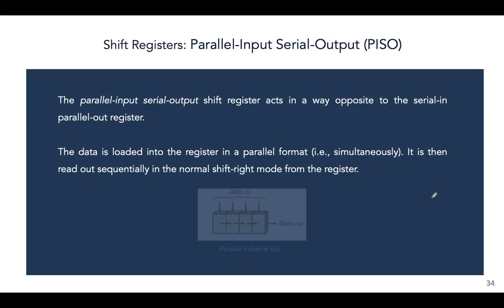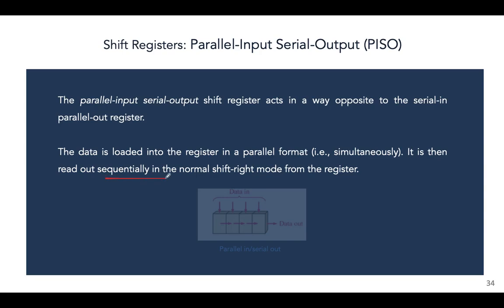Now let's move on to the third kind of shift register, parallel input serial output, PISO. So again, from the name itself, you can see that the data must move in a parallel format, right? So simultaneously all the bits are entered into the register, but the data is read out sequentially, right?